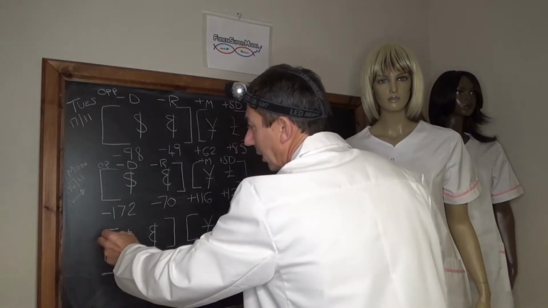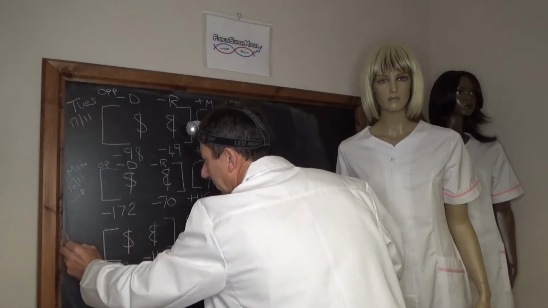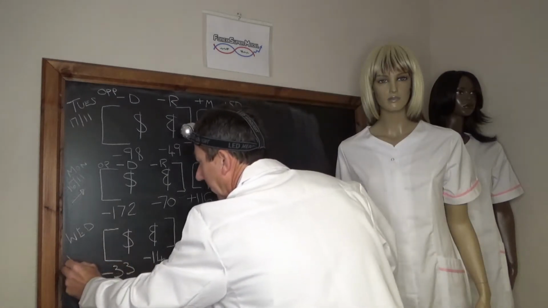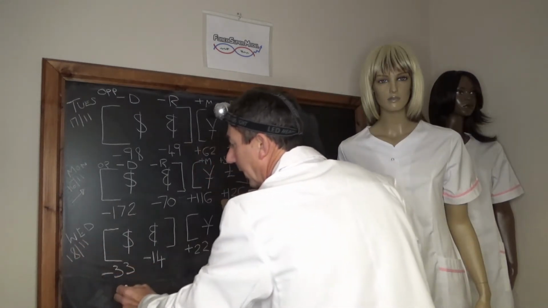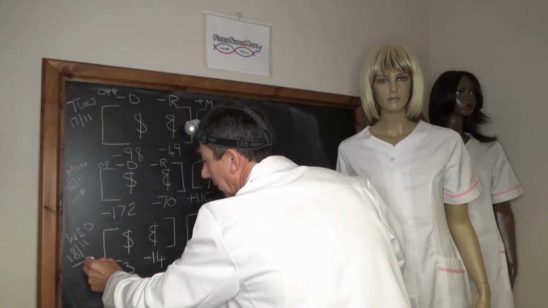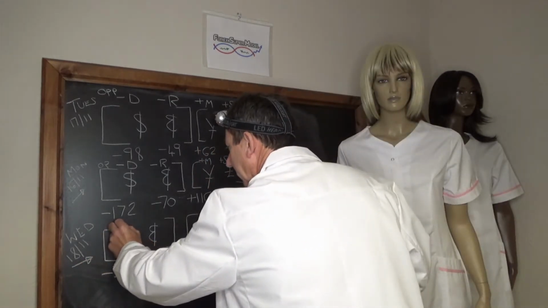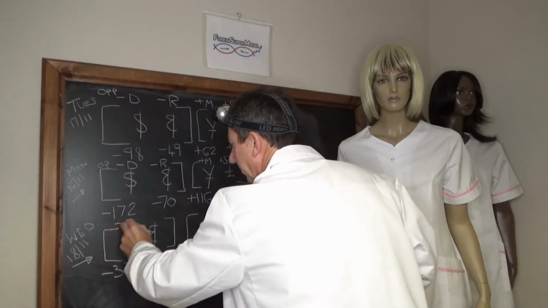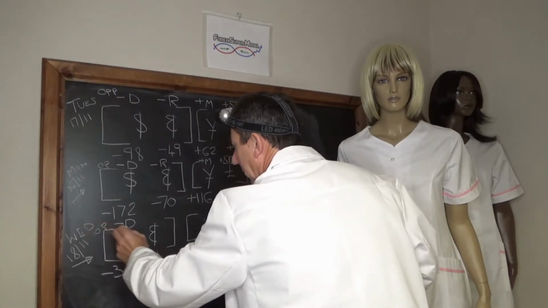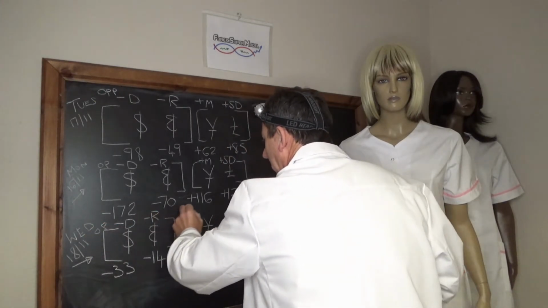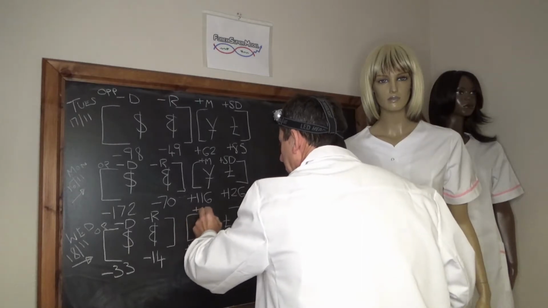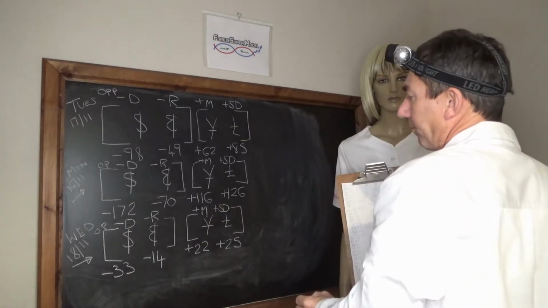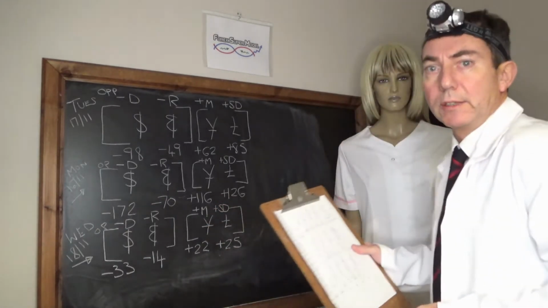So this is Wednesday the 18th of the 11th, which is today, to about half an hour ago. So we've got negative opposed driver in the dollar, negative rock, positive mover in the yen, and positive secondary driver in the pound.